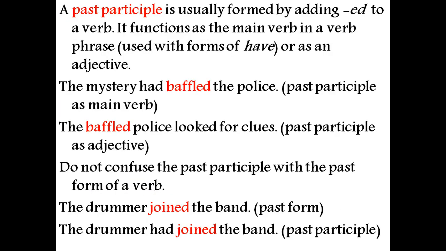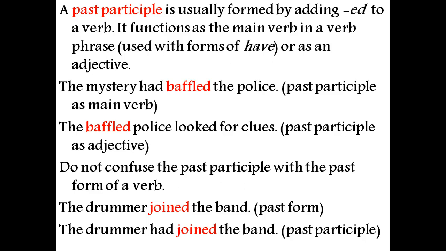A past participle is usually formed by adding ed to a verb. It functions as the main verb in a verb phrase used with forms of have, or as an adjective. Look at the example. The mystery had baffled the police. Past participle as the main verb.